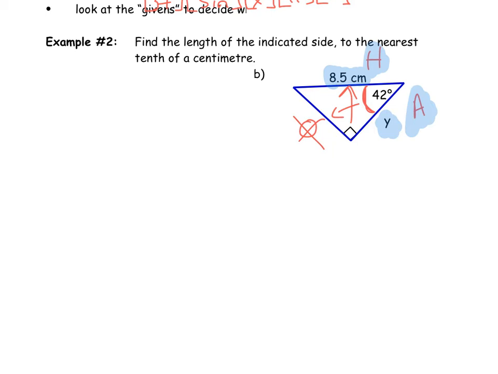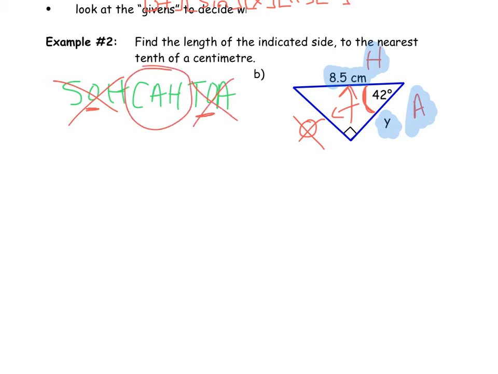So I'm going to rewrite SOHCAHTOA up here. I can't use any trig function that involves O, so that means that sine is out, and that means that tan is out. So the correct trig function to have chosen in this case would be the cosine function.